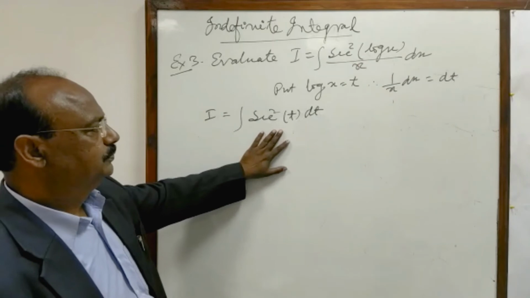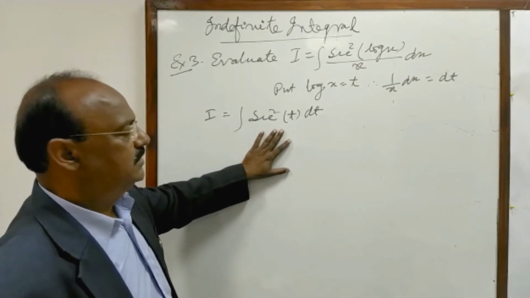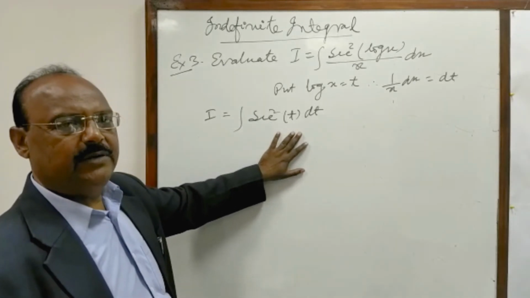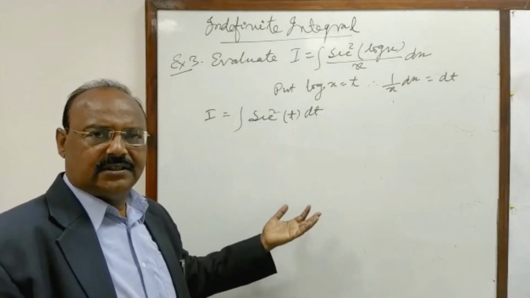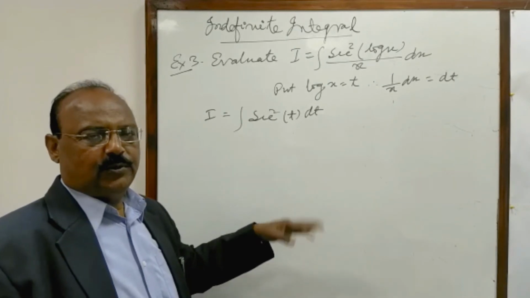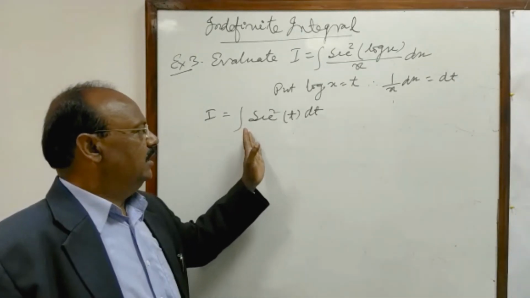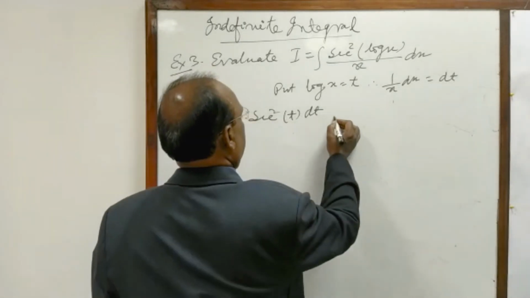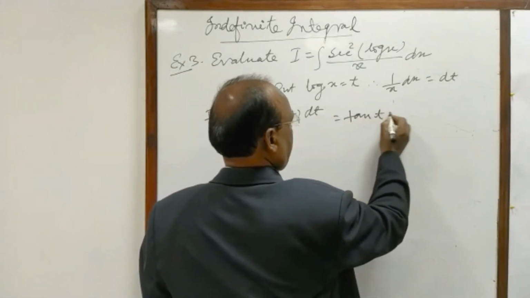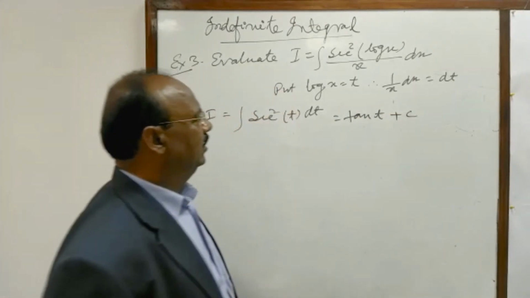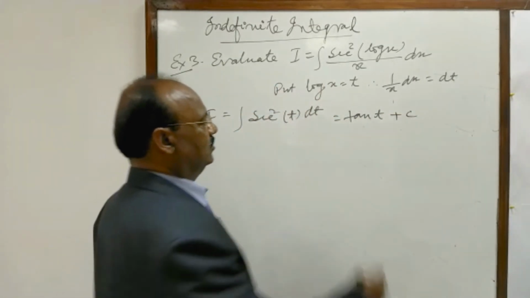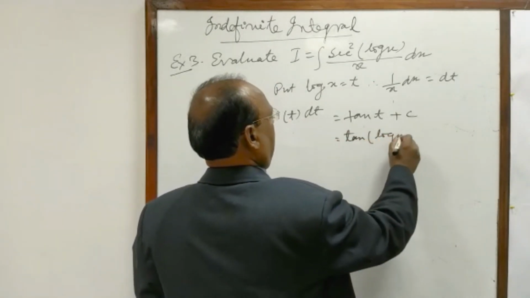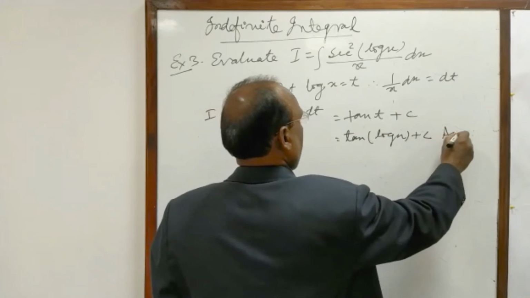And you know, integral of sec square x with respect to x is tan x, since the derivative of tan x is sec square x, and as we know, integration is the reverse process of differentiation. So the integral of sec square t will be tan t. So this is equal to tan of t plus c. Now I will put the value of t here. So we are getting tan of log x plus c.